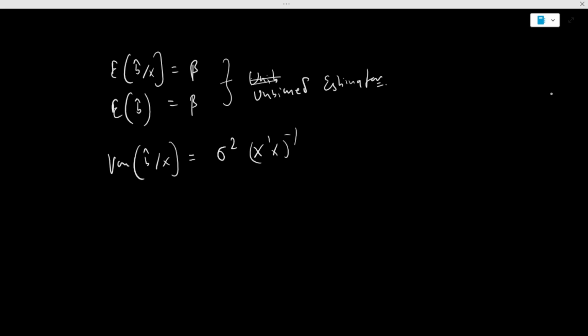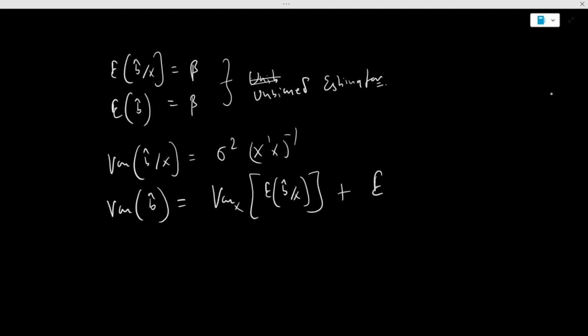Now let us calculate the unconditional variance of beta. So this is our ANOVA. This is given by the variance across x of the conditional expectation of beta, plus the expectation across x of the conditional variance of beta.